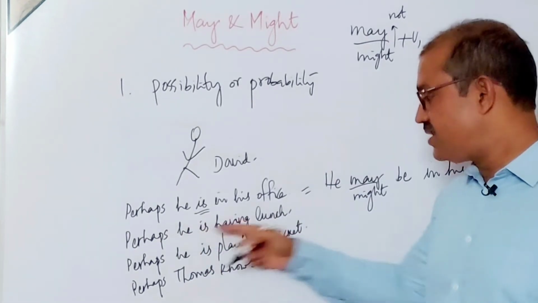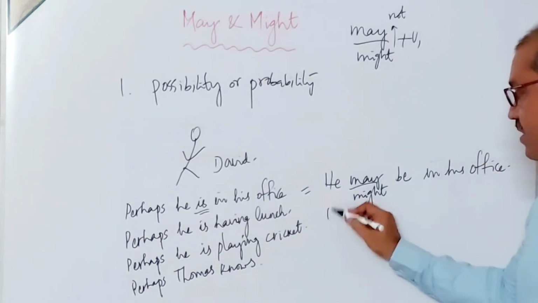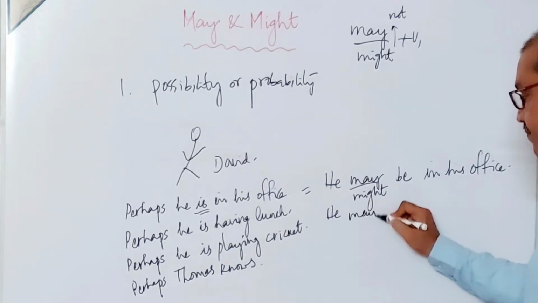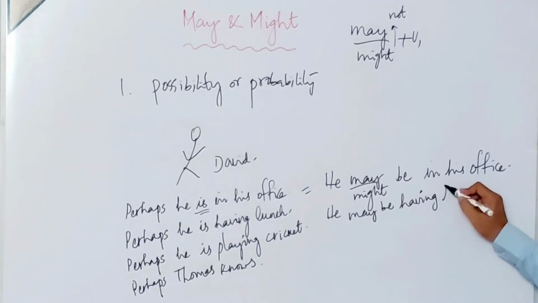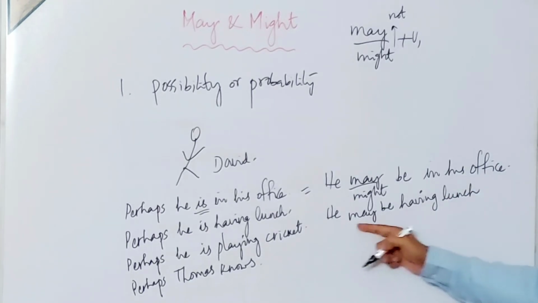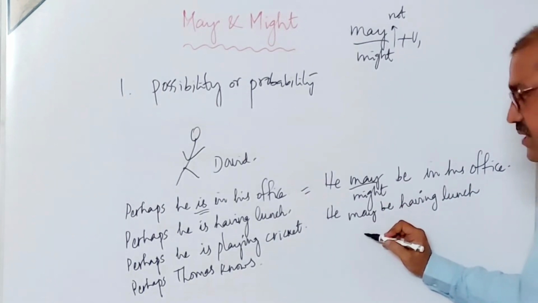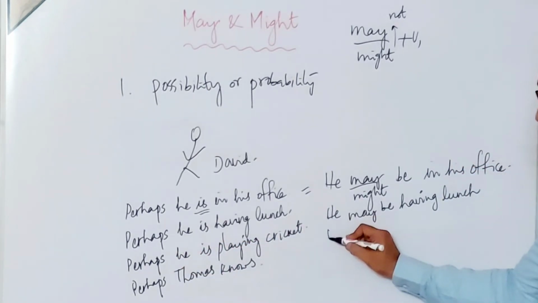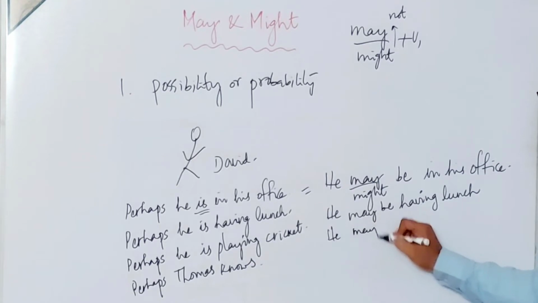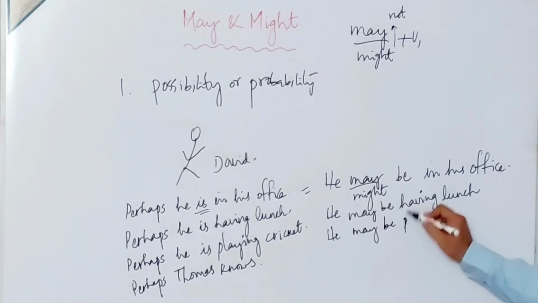The second one, perhaps he is having lunch. So instead of this statement, you can say he may be having lunch. So instead of may, you can use might, right? Perhaps he is playing cricket. Instead of that, you can say he may be playing cricket.